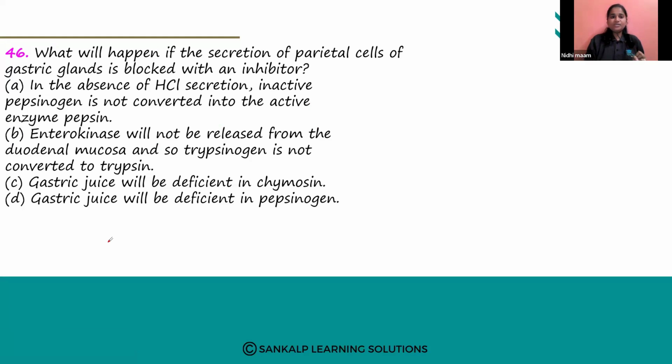In the absence of HCl secretion, inactive pepsinogen is not converted into active pepsin. Enterokinase will not be released from the duodenal mucosa. Gastric juice will be deficient in chymosin. Gastric juice will be deficient in pepsinogen. So what will happen if the secretion of parietal cells is blocked?